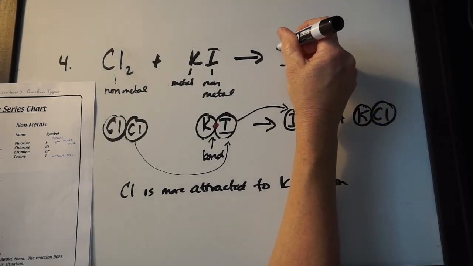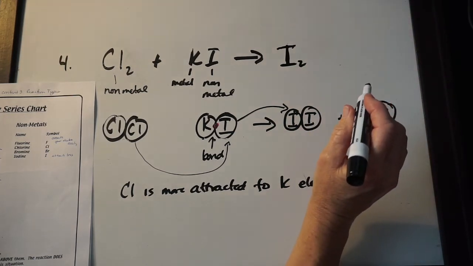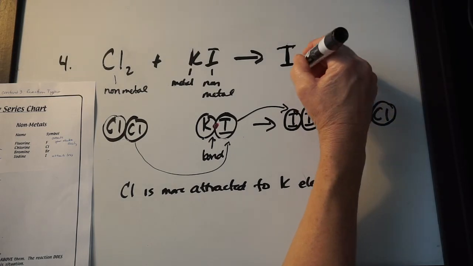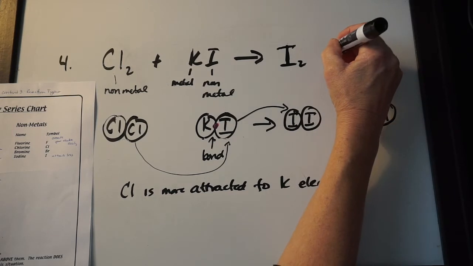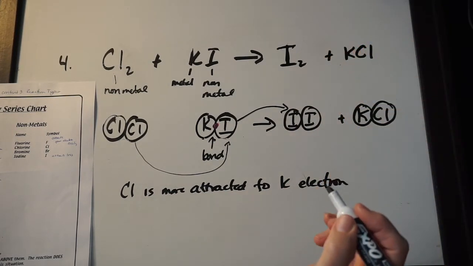I2, it's one of those special molecules of the halogens. All the halogens are found diatomic, two atoms together. There's our two atoms together, plus potassium chloride. Okay, and we need to balance this.